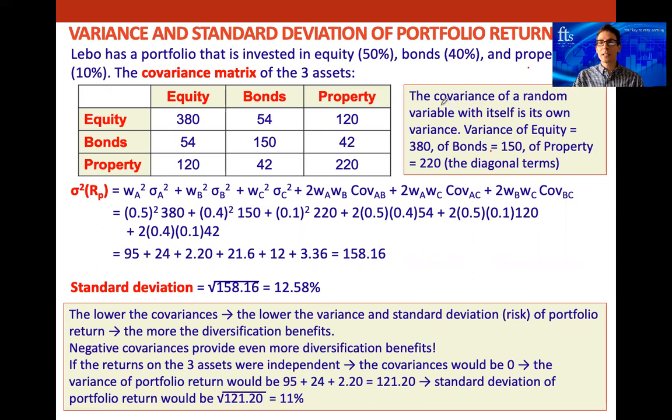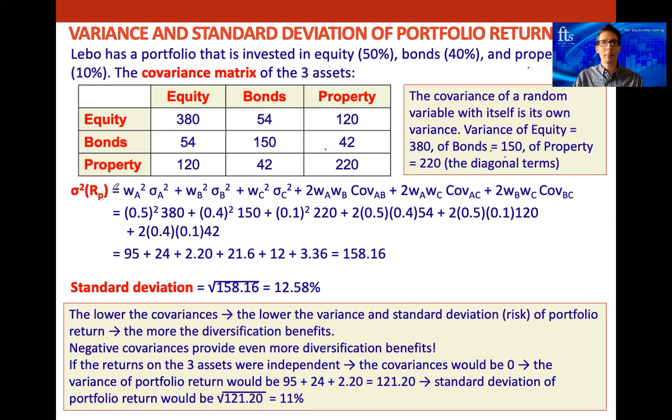The covariance of a random variable with itself is its own variance. So where equity and equity meets up in our matrix, this is now going to be the variance of equity. So the variance of equity there is 380. So where do bonds and bonds meet up there? 150. So this means that the variance of bonds is 150.